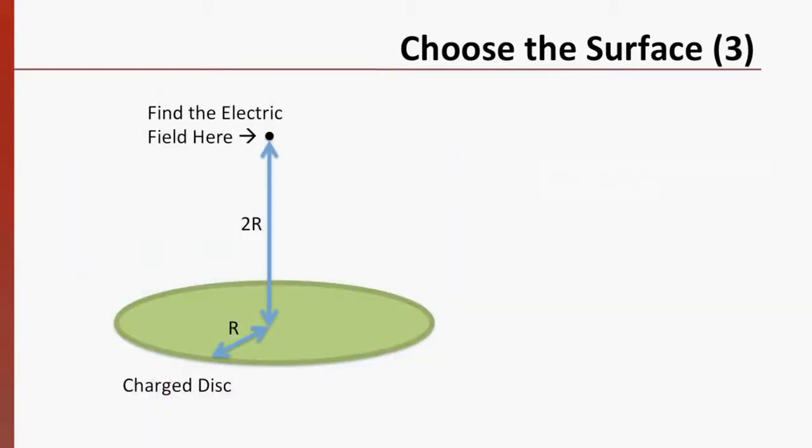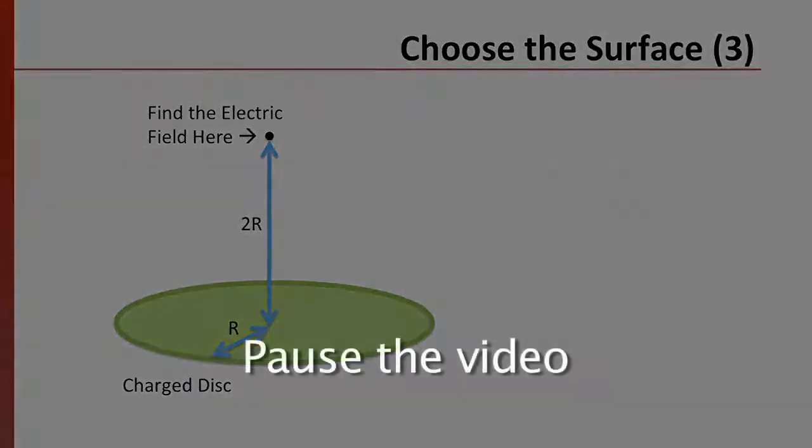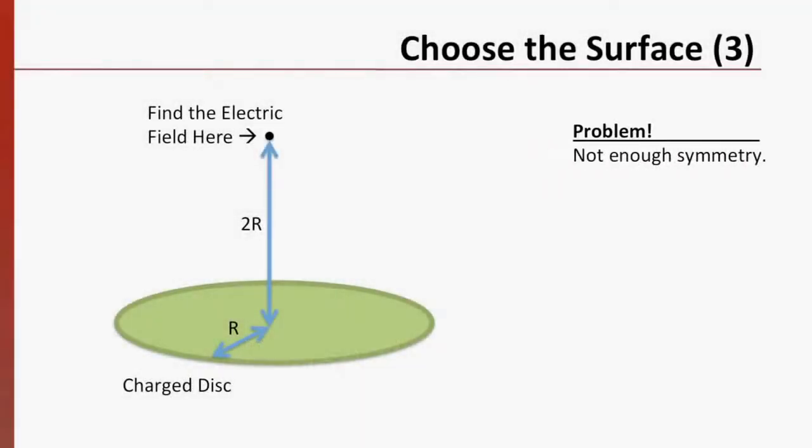Here's challenge number 3, finding an electric field at a certain distance from the center of a charged disk. What surface would you choose? No surface will work. The problem is that there is not enough symmetry in this situation to pick an appropriate surface.